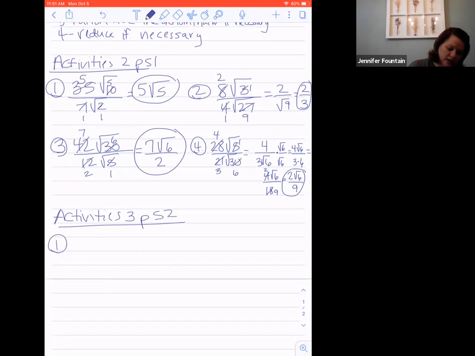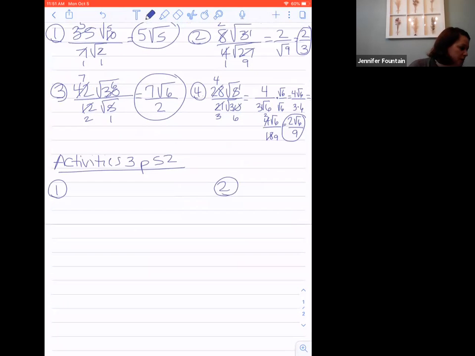So I've got 1, 2, and I'm going to skip a few lines to put 3 and 4. The one I want to look at together is going to be number 3. So go ahead and number places 1 and 2 to leave you some space.